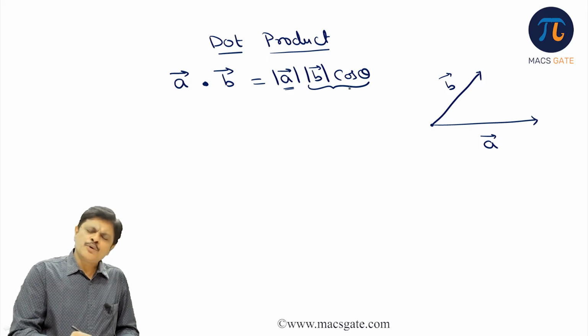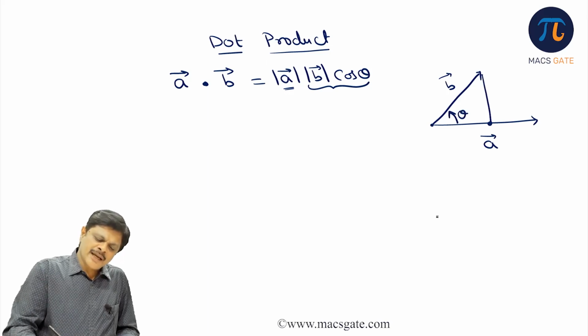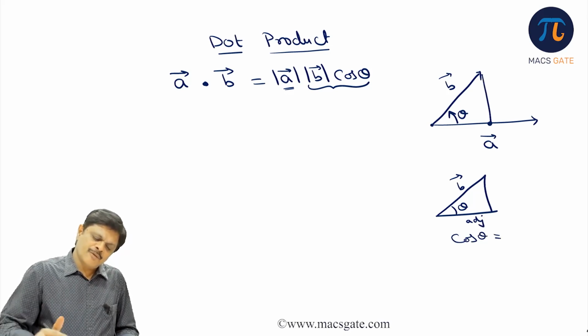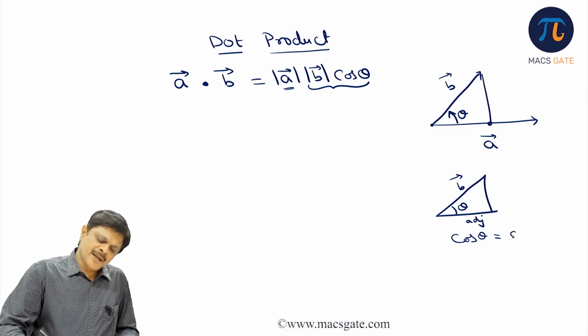What is the length of B into cos theta? It is simply the length of the projection of B on A bar. So you project B on A bar. See, this is the angle theta between these two. I'm just redrawing this as a right-angle triangle. This is theta, this is B bar, and this is adjacent. So what is cos of the angle? Cos of the angle would be adjacent by hypotenuse.